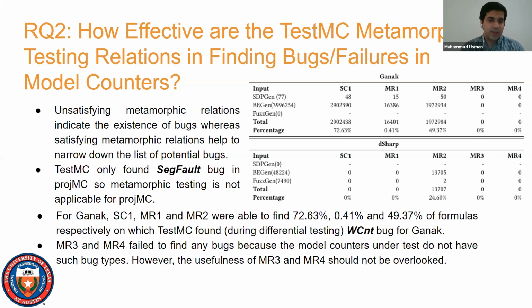For Ganak, SC1, MR1, and MR2 proved to be really successful, figuring out around 73.5% and around 50% of formulas. MR3 and MR4 were not able to find any bugs, but their importance shouldn't be overlooked because these problems did not exist in these model counters. So we should still keep them and use them for other model counters.